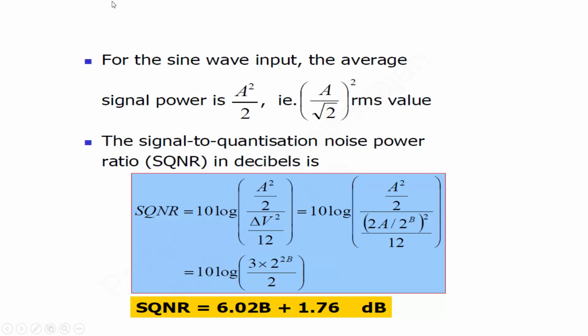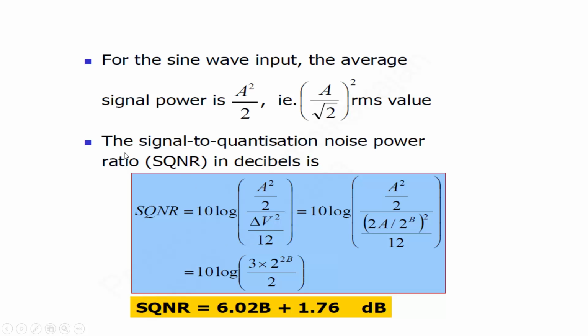Now this is a very important result that we will obtain from here. For the sine wave input, the average signal power is A square by 2, because the RMS value is the amplitude divided by root 2, and we have to square it to take the power. The quantization noise power we have already calculated, which is delta V square by 12.